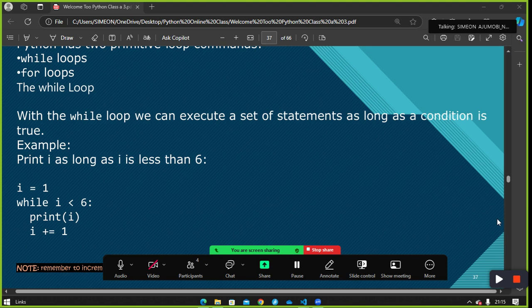As far as this statement is true, it will keep printing the next line till infinity.